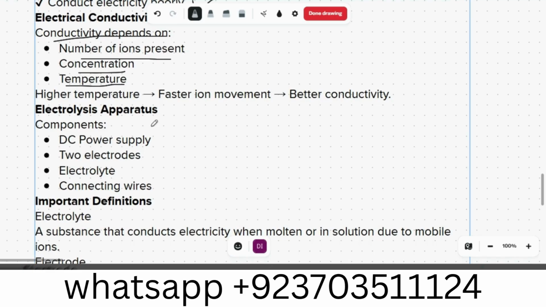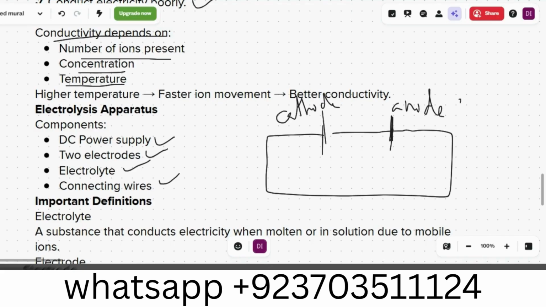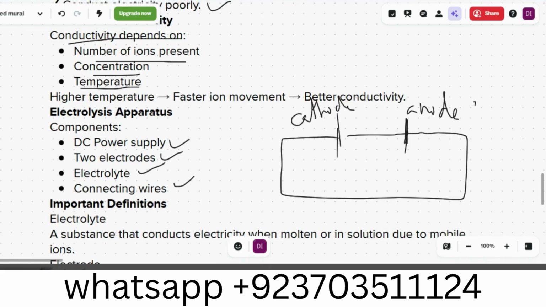Electrolysis apparatus components: DC power supply, two electrodes, electrolyte, and connecting wires. So that would be like this. One is the cathode, one is the anode.